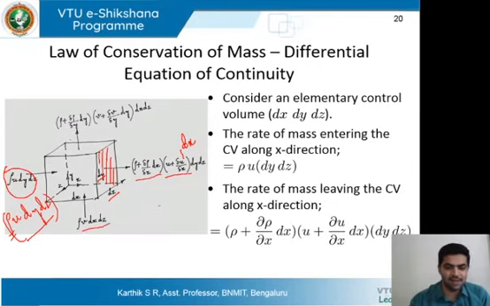The velocity in the x direction is u, in the y direction is v, and in the z direction it is w. Please write the same expressions in the z direction also. In order to prevent things from becoming very clumsy, I have shown only two characteristic dimensions.